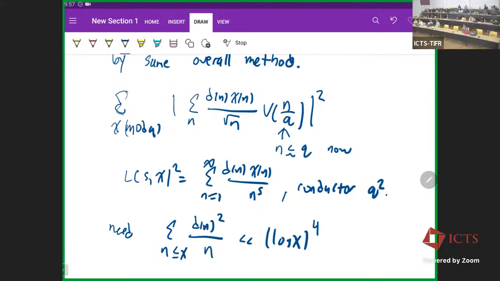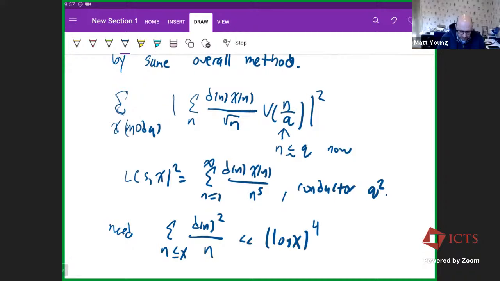You want one with a cube, no? With a cube? Yeah, because it's 4 and you get... But I think you get one more because it's the harmonic series, if I'm not mistaken.